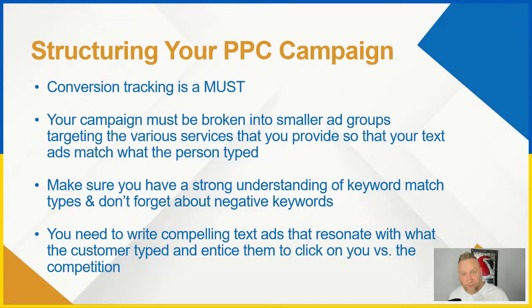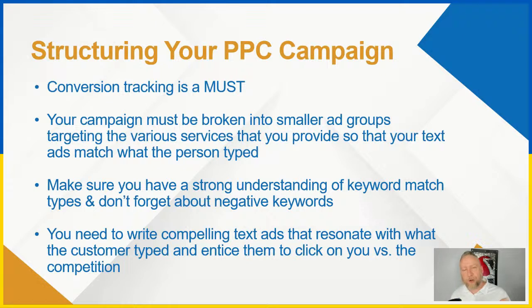That is a conversion. This person came through, looked around, clicked the X in the corner and went on, not a conversion. So whatever that person came from, maybe that's not the best traffic. Maybe that's the poorly written ad. Maybe that keyword is not a great one to be bidding on. There's a lot of different things that could go into that.